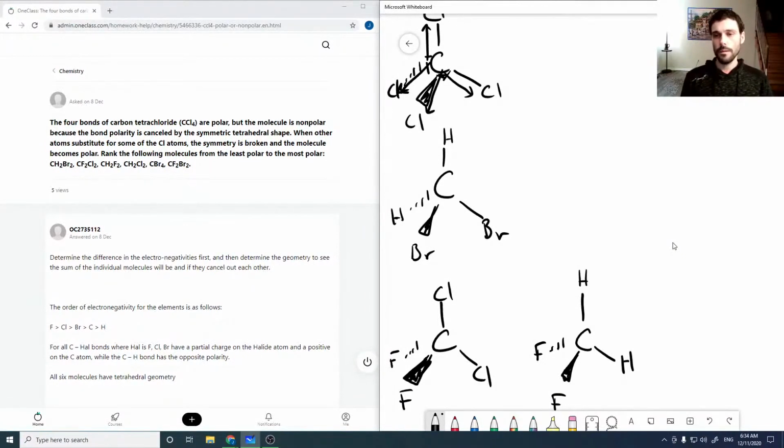If you look at a periodic table, it basically increases from bottom left to top right. So that means that fluorine is going to be greater than chlorine, which is greater than bromine, which is greater than carbon, which is greater than hydrogen.